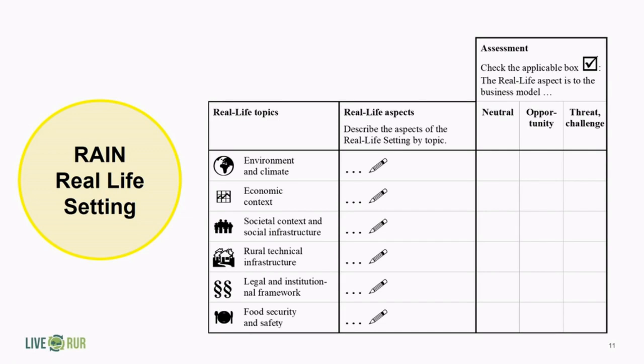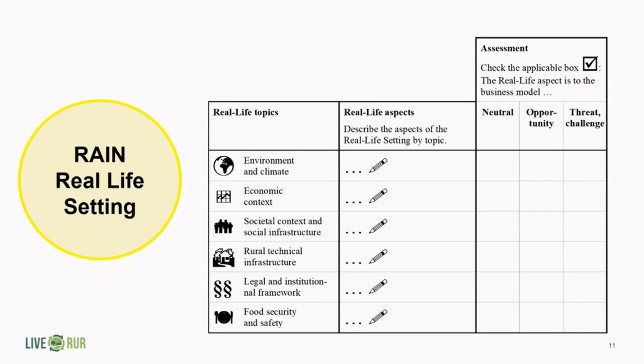The RAIN real-life setting addresses the given physical and non-physical environment which may limit, enable or in an ambivalent way affect the business. The RAIN real-life setting is structured by the 6 before mentioned topics, which may represent regional opportunities or challenges which might be of importance for designing a project.